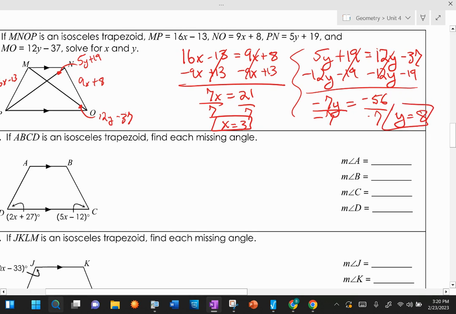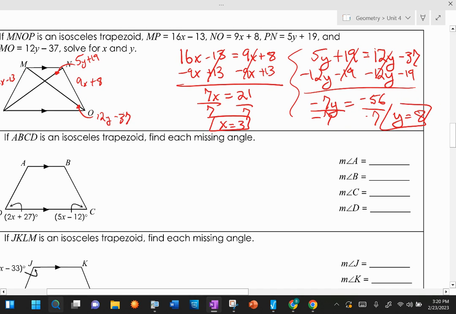Now something to keep in mind, because you might have had to work with a negative on that second half. In geometry, you will very rarely ever have a negative value. So if you do end up with a negative value as your solution, double check that you did all your math right. It's possible that when you plugged it back in, it would have come out to be a positive number.